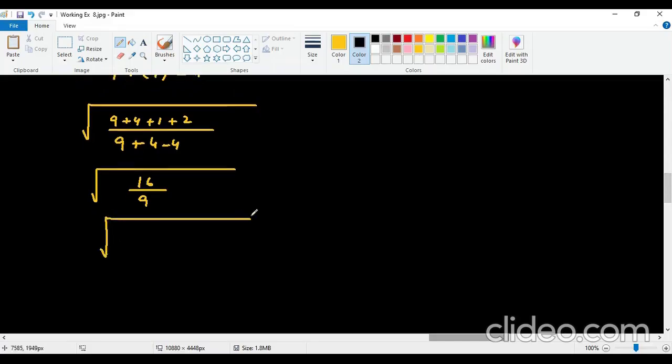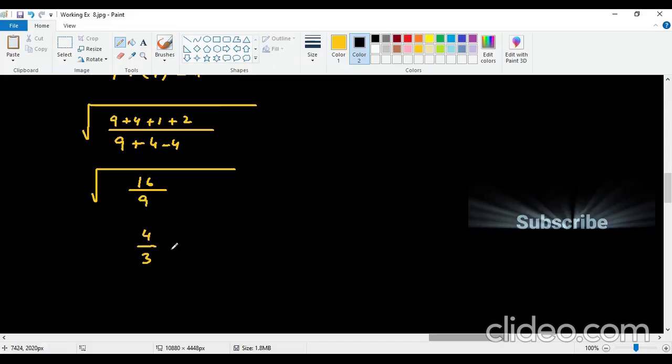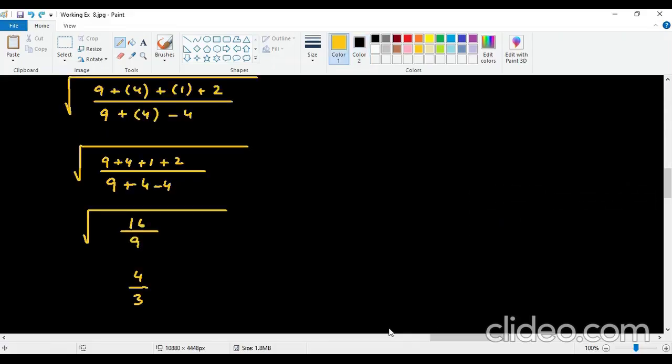So under root, 16 divided by 9 is going to give you 4 over 3, when taking a root, since 4 times 4 is 16 and 3 times 3 is 9. So 4 over 3 is going to be your answer for question number 49.